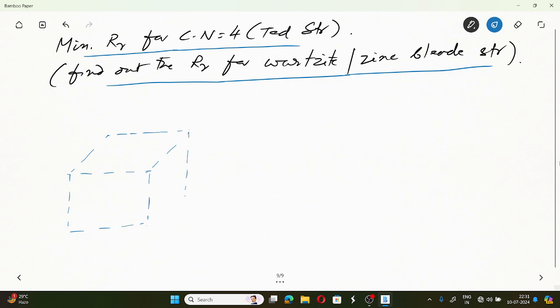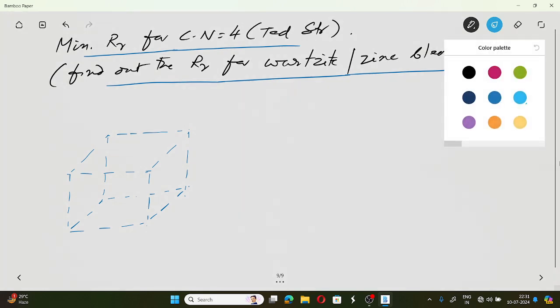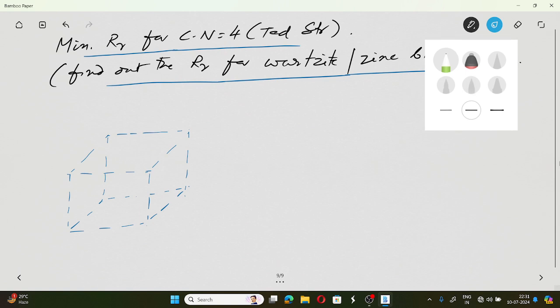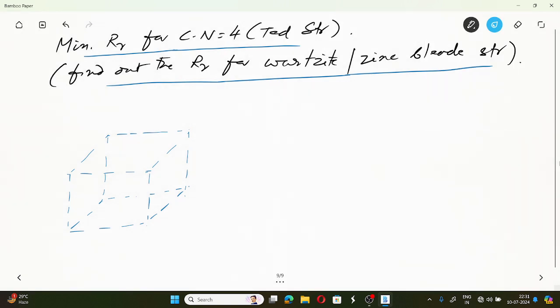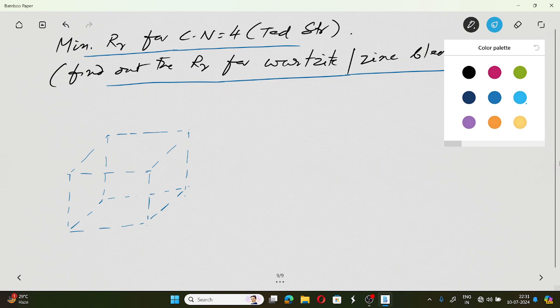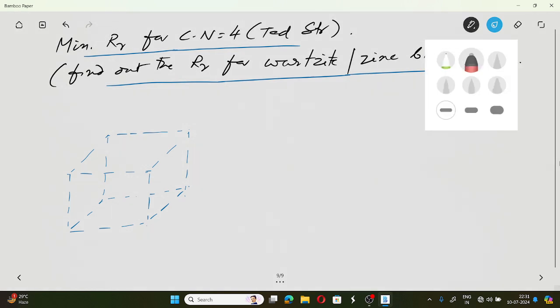That means if you draw a cube like this, suppose this is a cube. Now if you look at, you know that there are 6 square faces. In a cube, you already know that there are 6 square faces. Now which are the square faces?